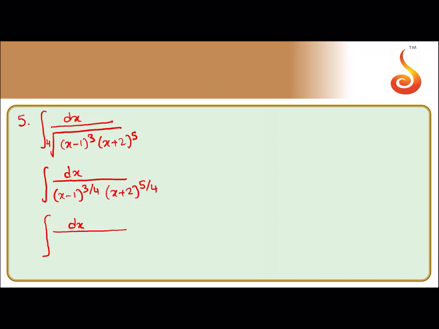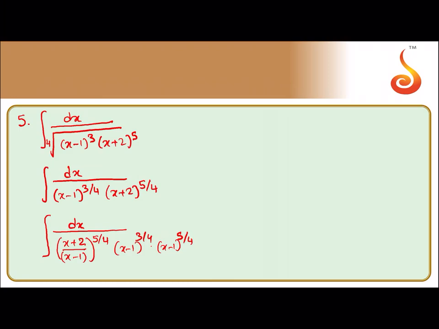The important trick in this is whatever the highest power is there, 5 by 4 rather than 3 by 4. So you multiply and divide the denominator by the x minus 1 term, which is the lesser degree term, to the same power as x plus 2. It means x plus 2 by x minus 1, whole to the power 5 by 4.